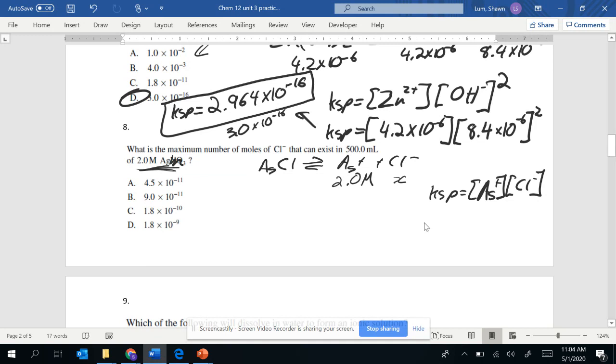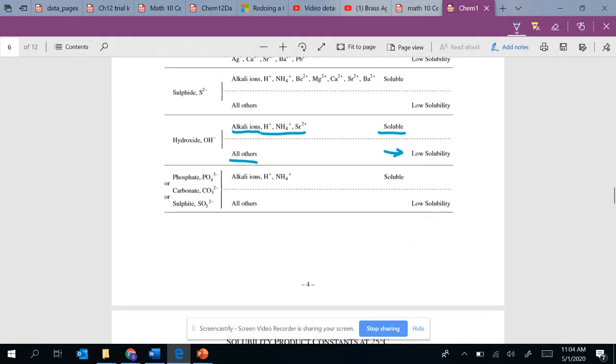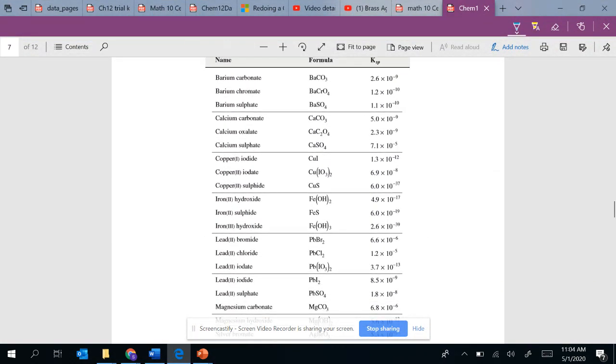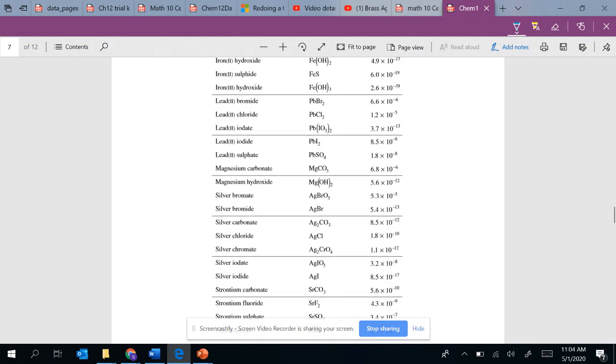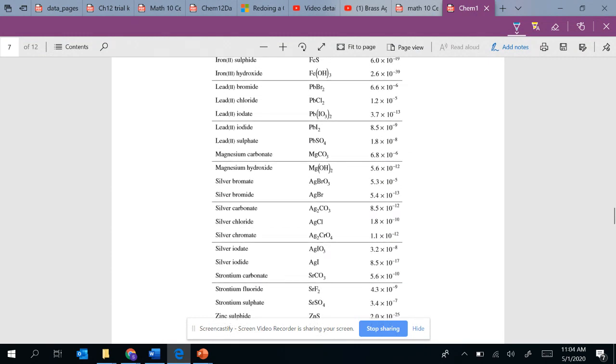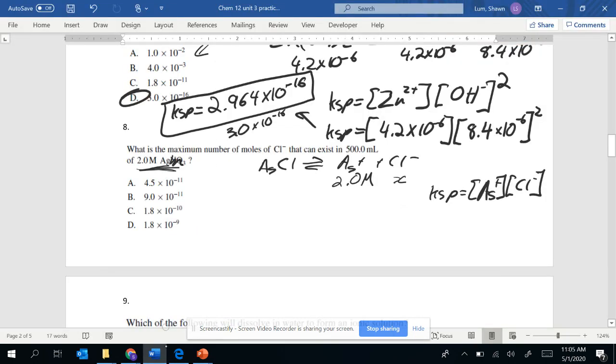Ksp, we don't know that unless we go down to here. So we go to here and we find where silver chloride is, which is 1.8 times 10 to the minus 10. So now that I have my 1.8 times 10 to the minus 10, I memorize that.